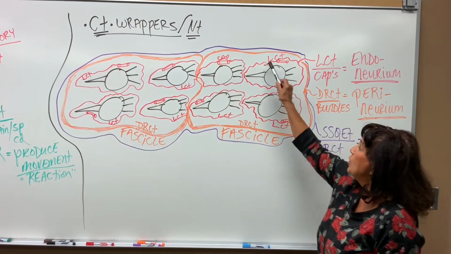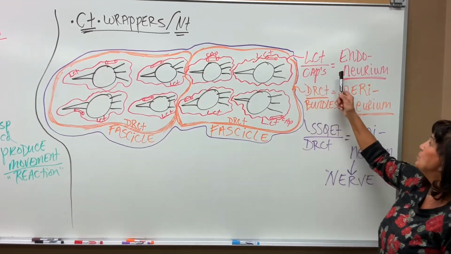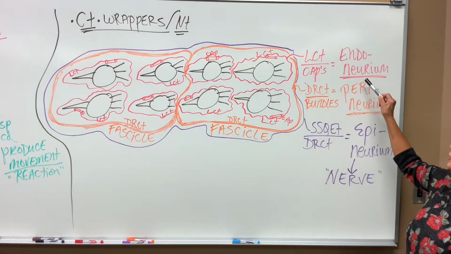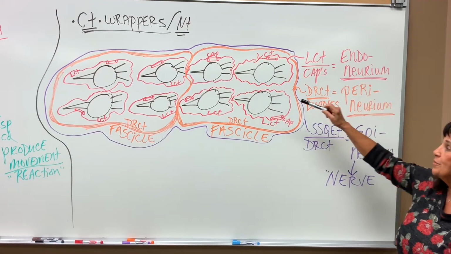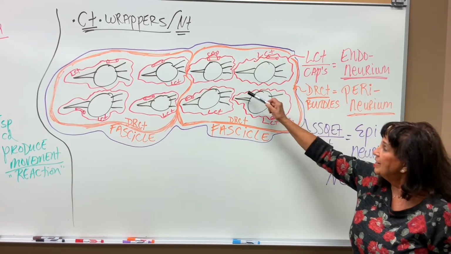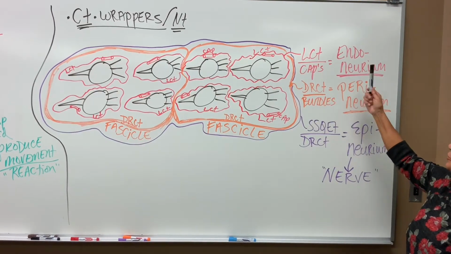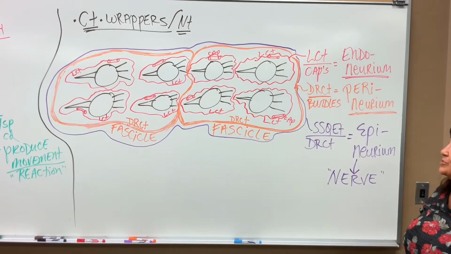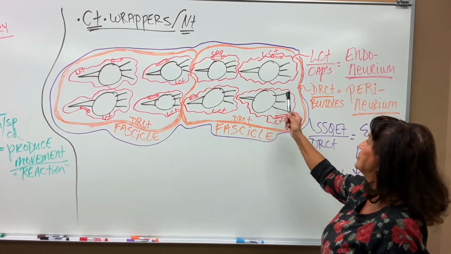So what do we call this individual wrapper of loose CT? Well, it's basically called the endoneurium. Muscle cells had the same thing. Every muscle cell had a layer of loose CT around it, and that was called endomysium in muscle.